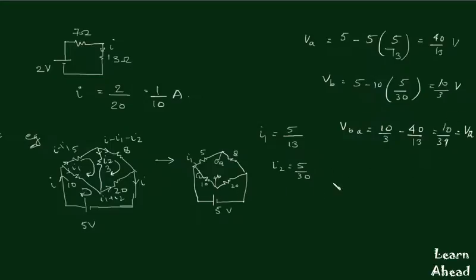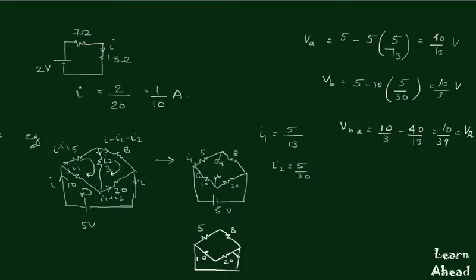Now after finding VTH, we will find RTH, and for this we short circuit the voltage source. So this will be like this: this is 5, this is 8, this is 10, and this is 20.